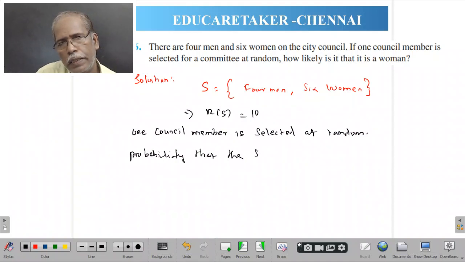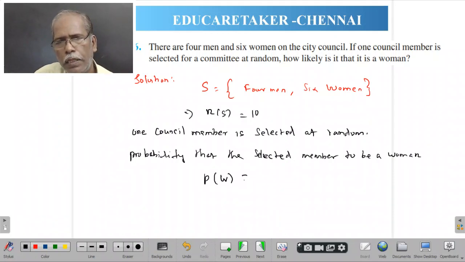P of W, W to mean woman, is the total number of women in the council by the total number of sample points.